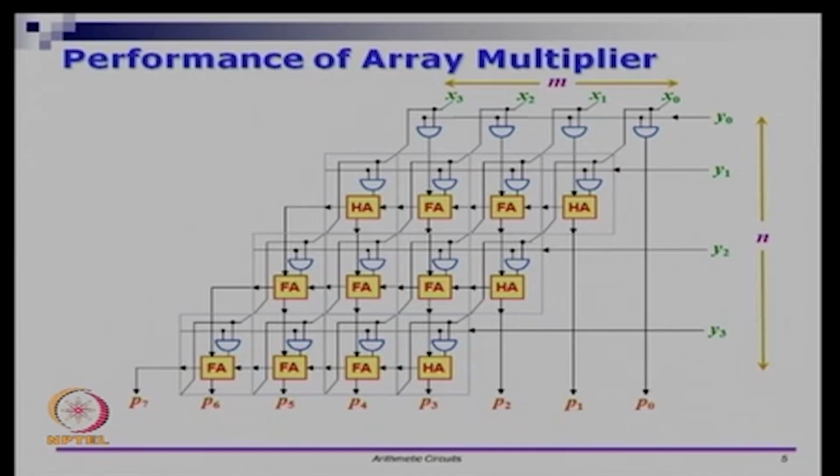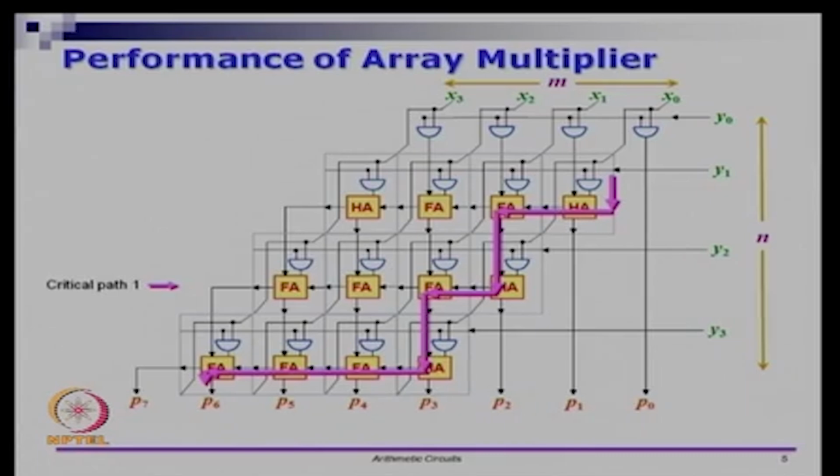There are lots of things here. The whole thing is combinational. We want to see what is the worst case delay that we have because of this. If you look at this path, a change here may have to go through this half adder and a full adder, then one half adder and a full adder, and if there are more and more steps, one half adder, full adder and so on, it will come as though it is like a stair, one step at a time.